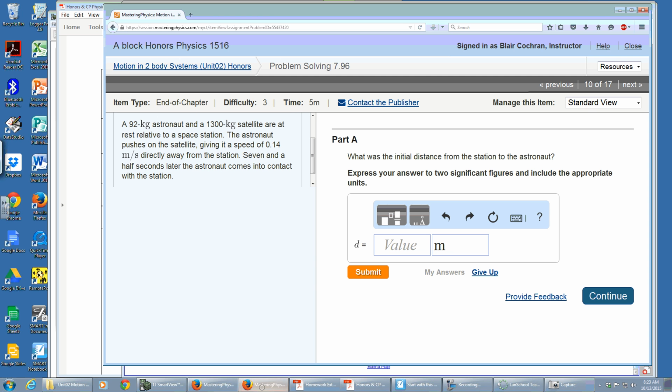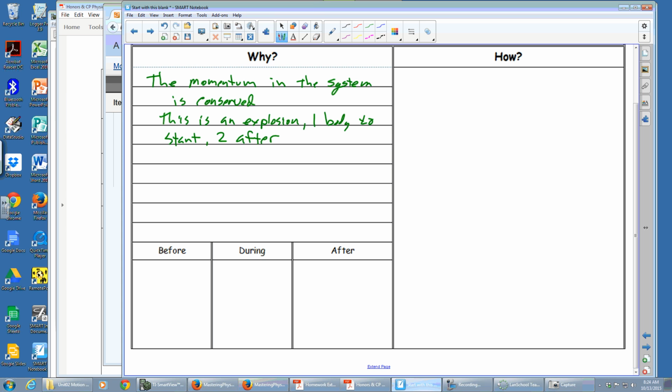That's one way you can kind of identify an explosion is that you have fewer bodies before than you have after. So momentum's conserved, so that means it stays the same. Beforehand, we have no relative motion, so we're at 0, and then afterwards, we have some motion.